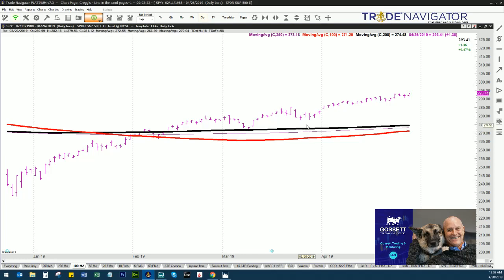That's generally how I view the 100-day: I'm looking for that 30 to 35 RSI to dovetail with the 100-day moving average.